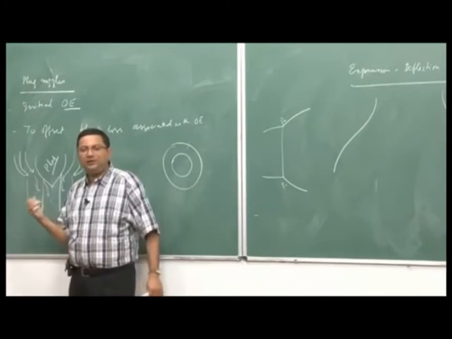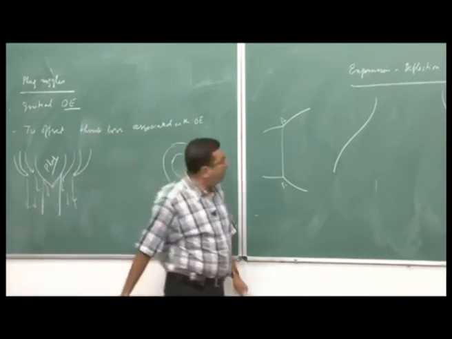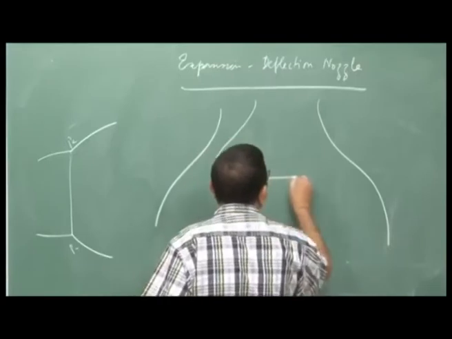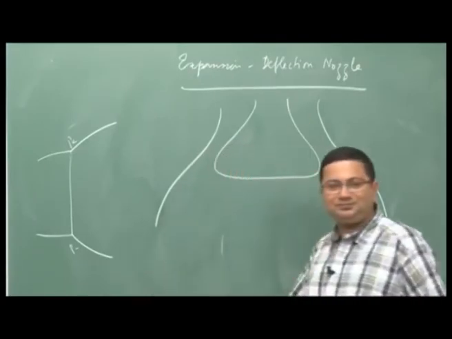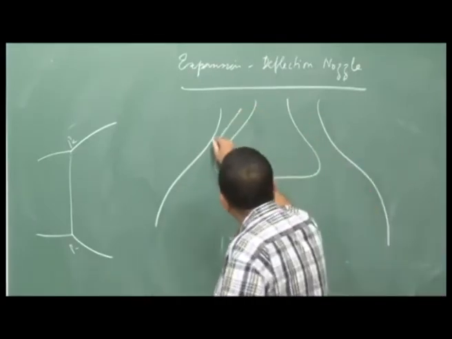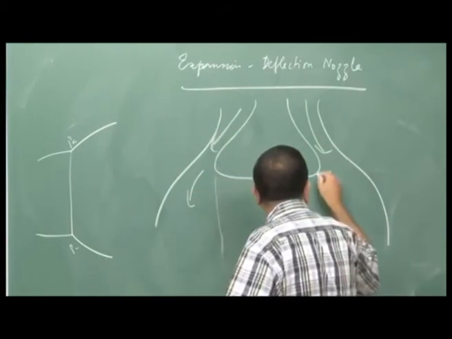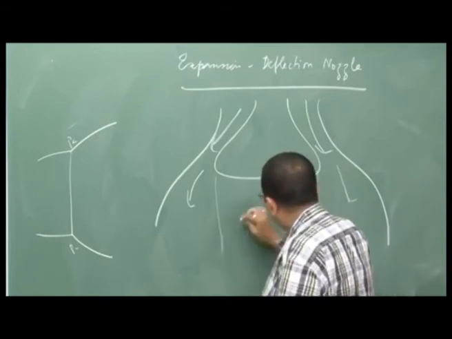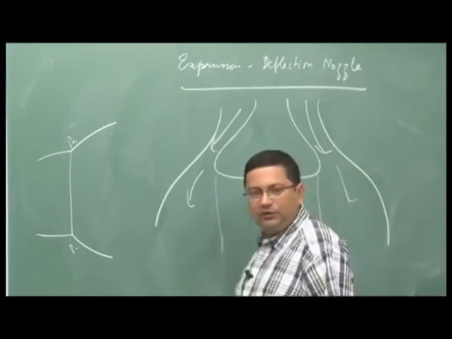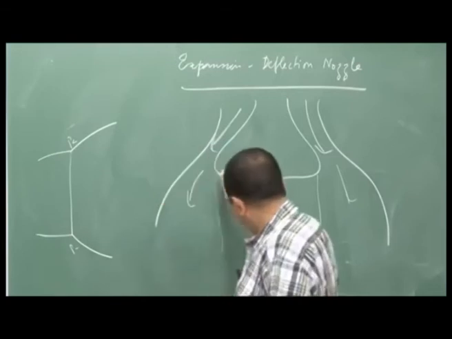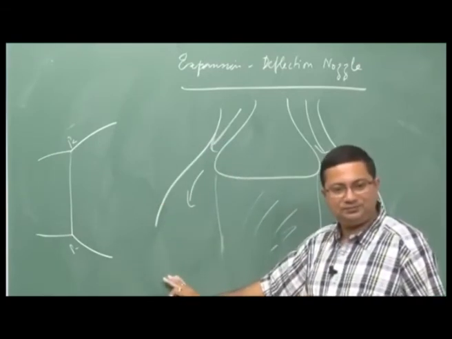In expansion deflection, it does not protrude outside, it is all inside. So, you have inside a body like this. So, flow once again comes annularly to this, and then it flows like this, and we have the edge here inside. So, here we have atmospheric condition, here we have the jet, right.